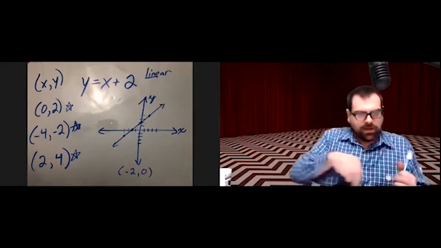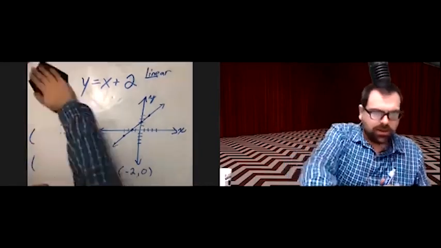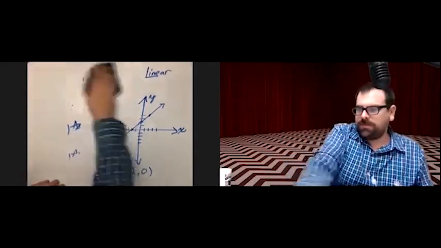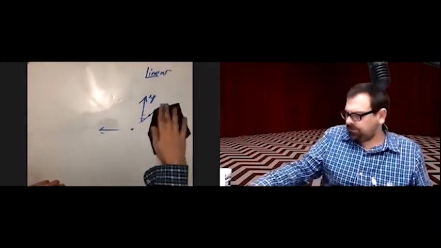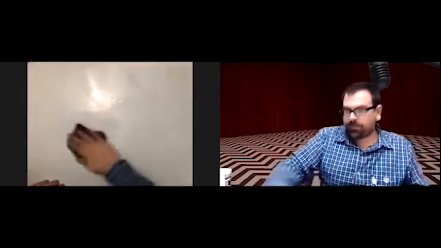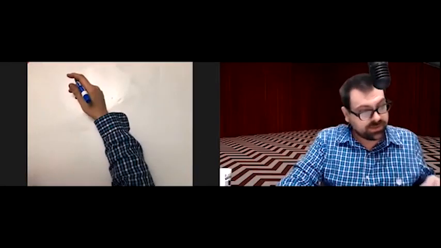So let's go ahead and graph another equation. By the way, that's kind of what we did there. We just graphed an equation by plotting points.